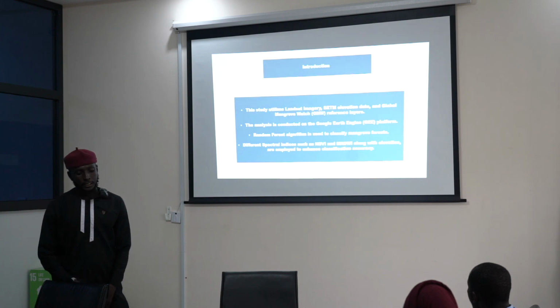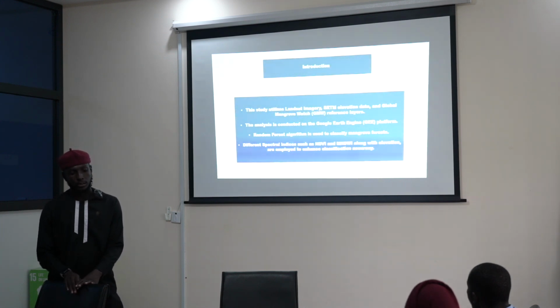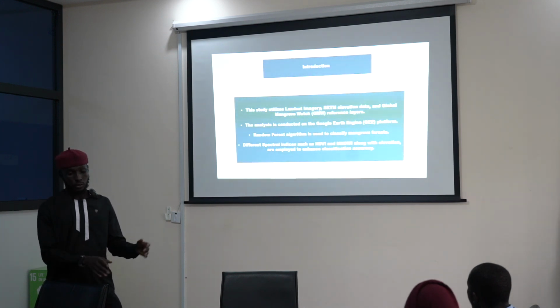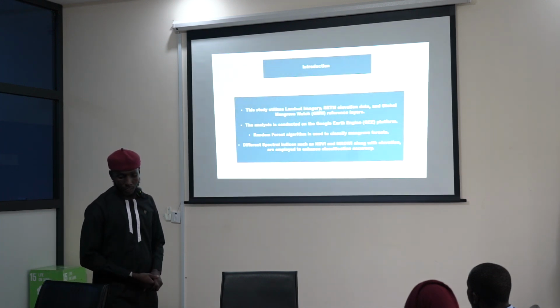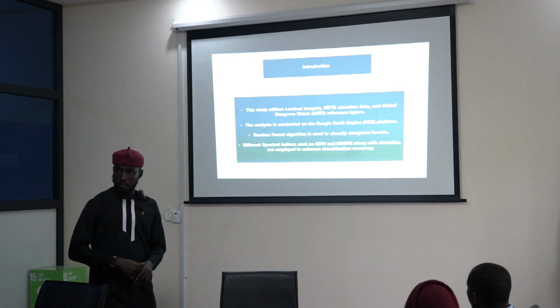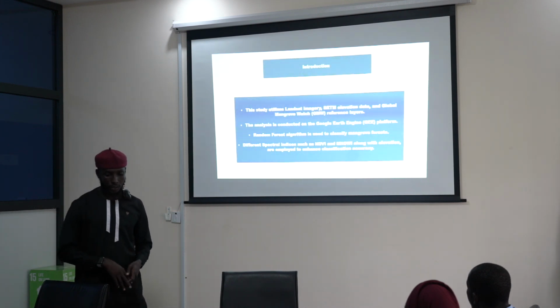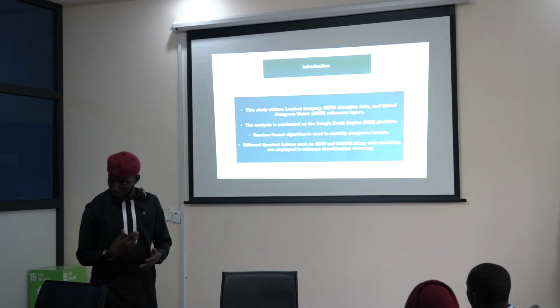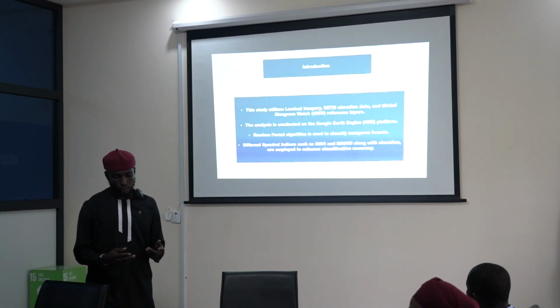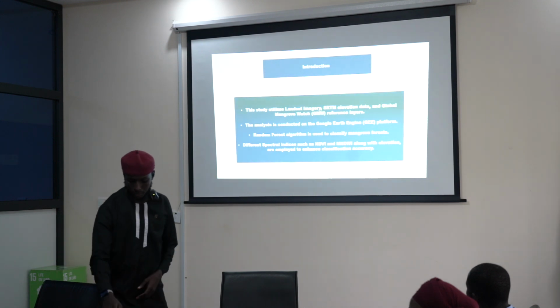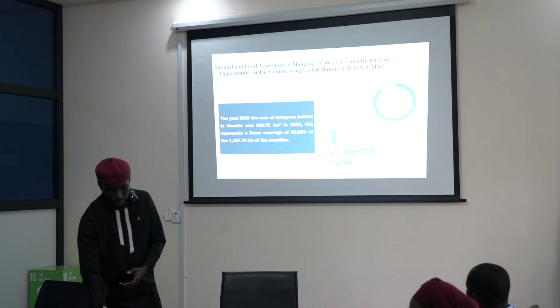The analysis was conducted on the Google Earth Engine platform, which will be very interesting to see, and also some concepts like random forest algorithms and how they are used in forest mapping. We also look at the different spectral indices like NDVI and others.